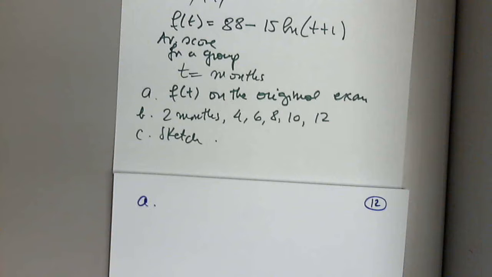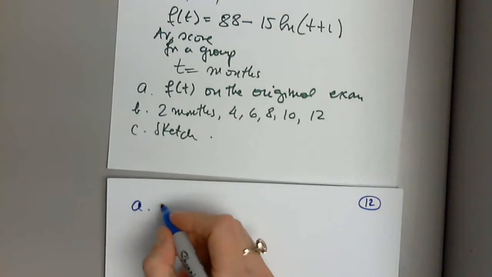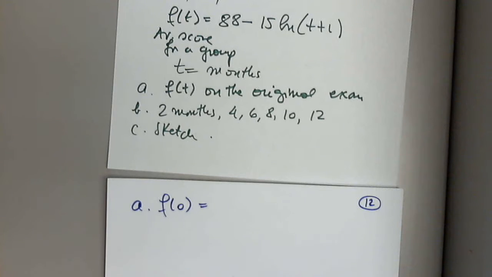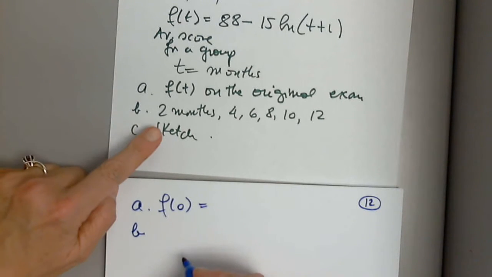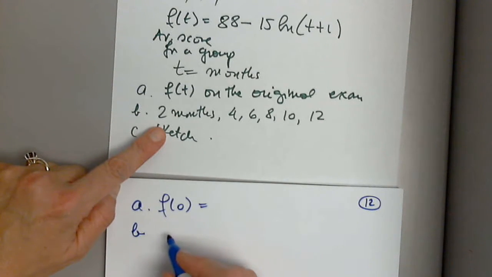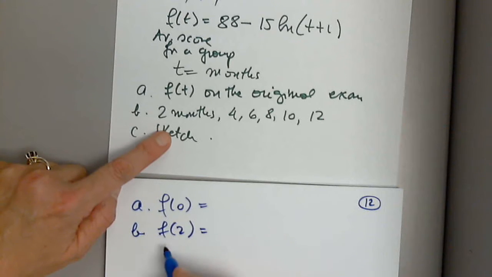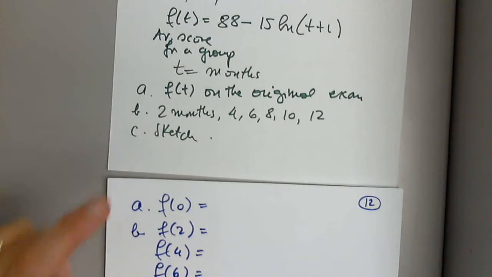When we talk about original exam score, exactly, 0 months at the end of the course. Very good, f of 0. Good, we're going to determine that in a minute. Then in part B, what are we trying to determine? Very good. And then f of 4, and then f of 6, and then f of 8, and f of 10, and f of 12. Let's put the function in.